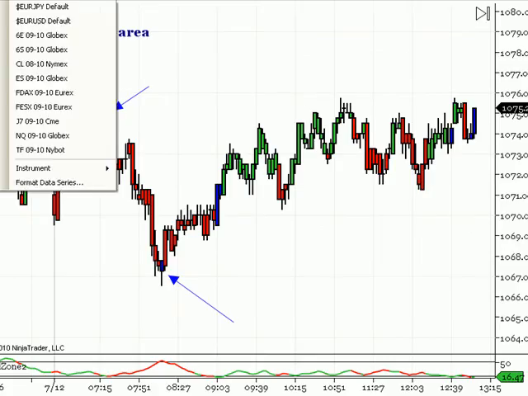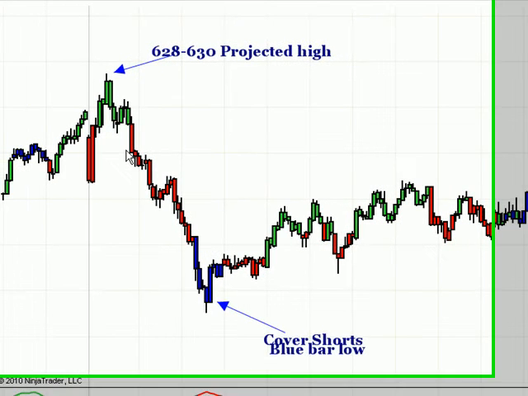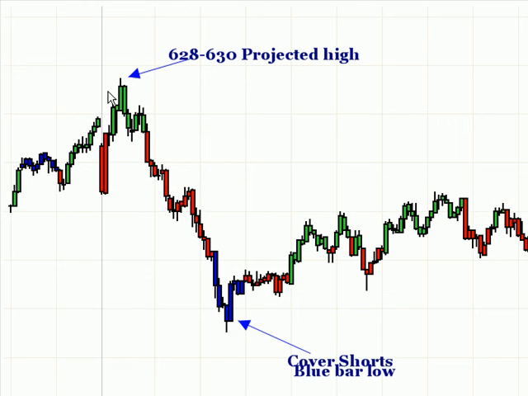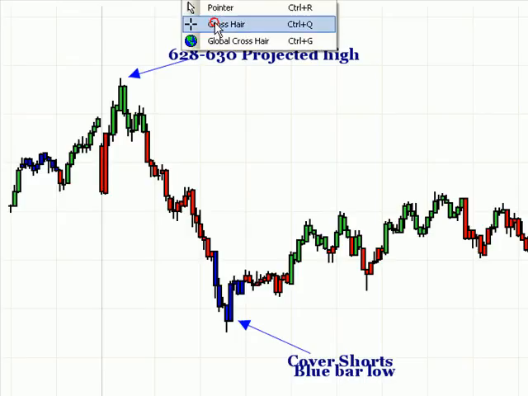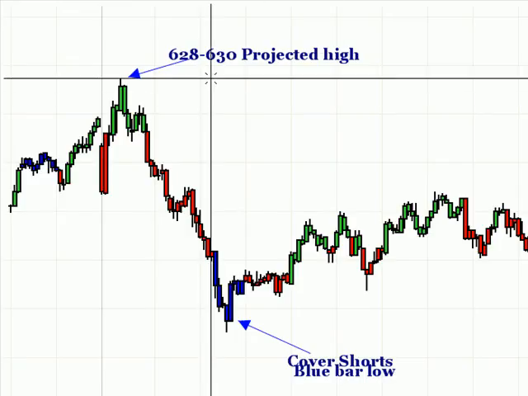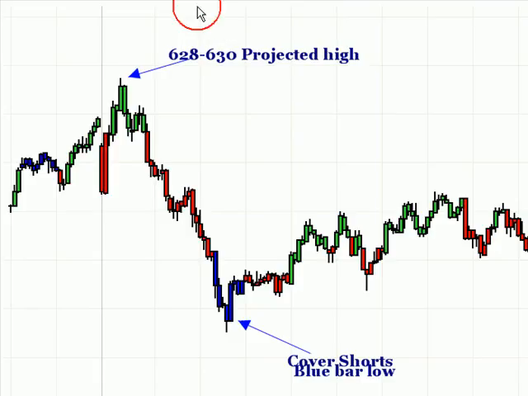Let's look at the Russell. We had 628, 630 as our projected high. The high was, let's see the high. Okay, so it was 630.2, so we were a couple ticks off. But we knew that going into today, that was our level. Okay, off that, we basically had a 15, 16 point move down into the blue bar low.